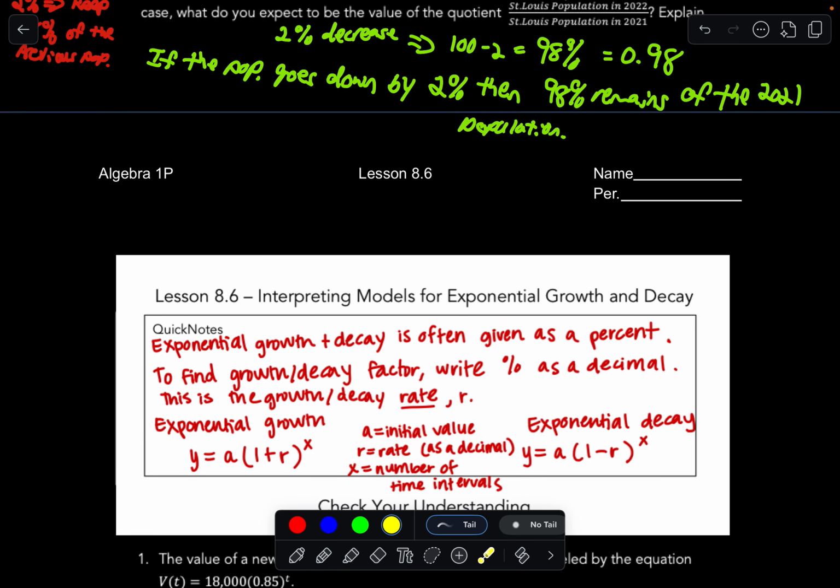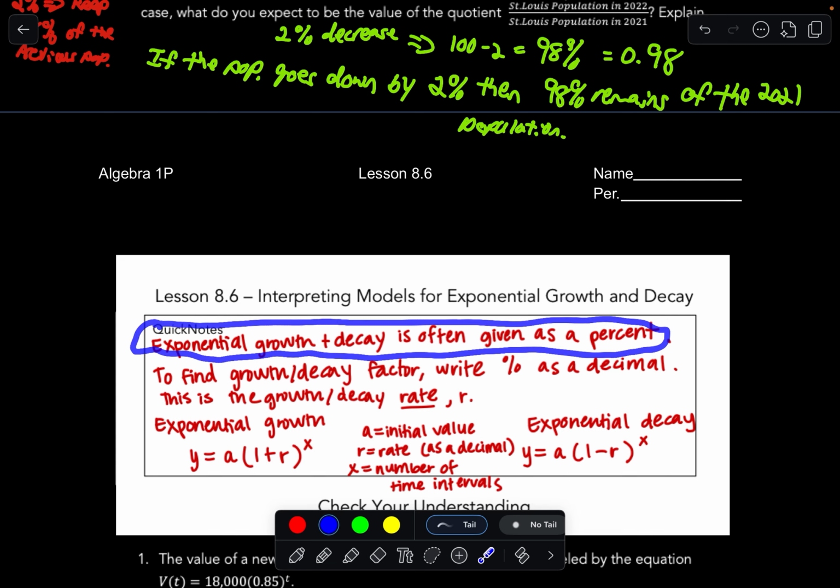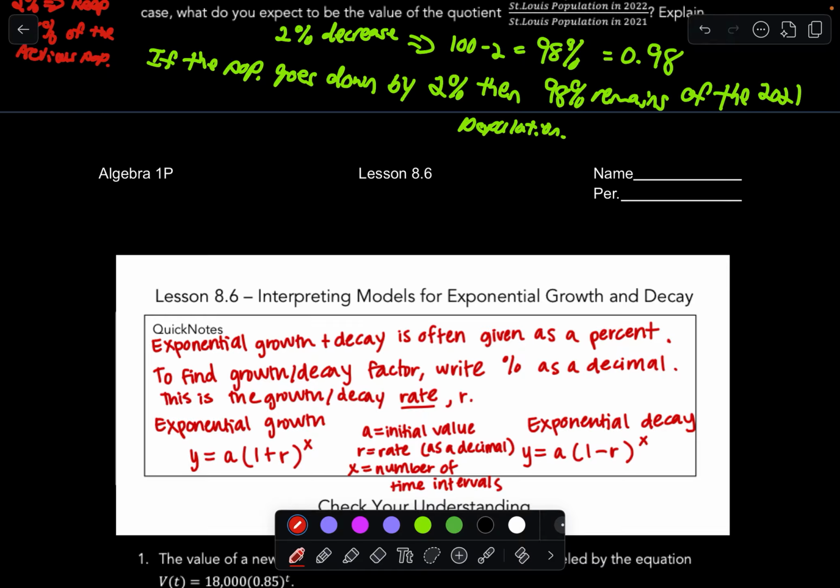The idea here is that exponential growth and decay is often given as a percent. You must turn that into a decimal. So you want to write it as a decimal. To find the growth or decay factor, write the percent as a decimal. This is the growth or decay rate, r. And then exponential growth will be 1 plus r.